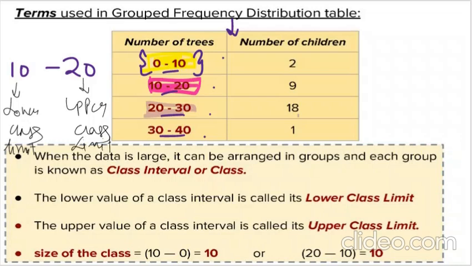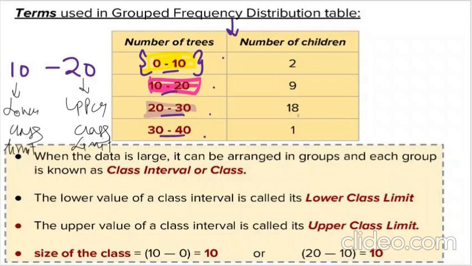So you understand, हमारा data में क्या है, we have class intervals, ठीक है, classes है, each group is a class. उस class में जो lowest value that is lower class limit and जो highest value है that is upper class limit. Okay.